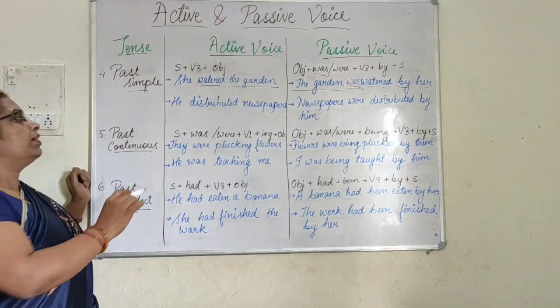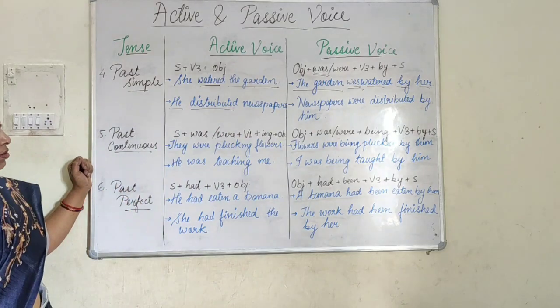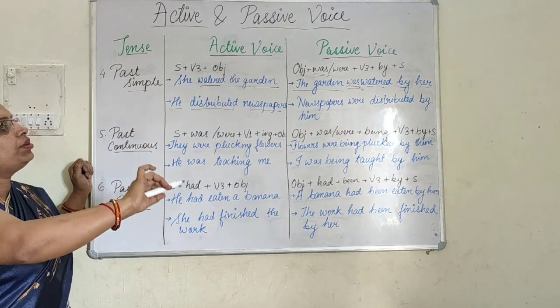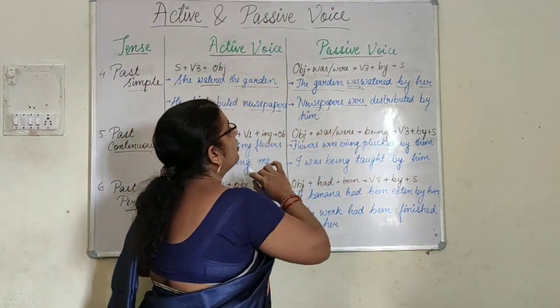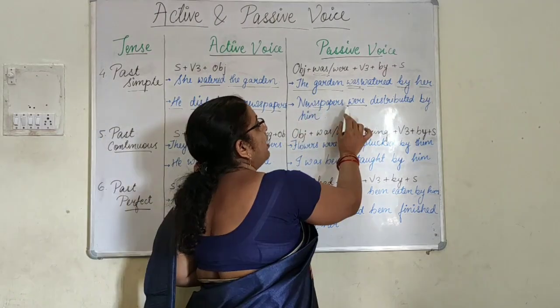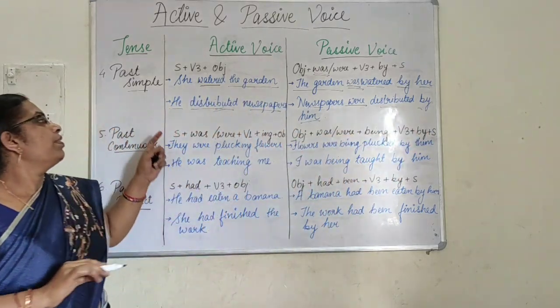Next is: he, subject, verb third form, distributed, newspaper. He distributed newspapers. Newspapers were distributed, past form. It is changing according to that. Newspapers were distributed by him.